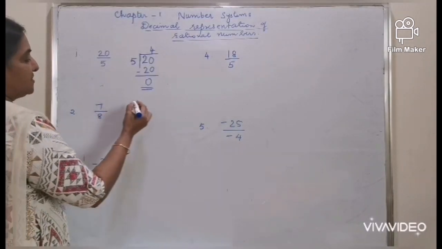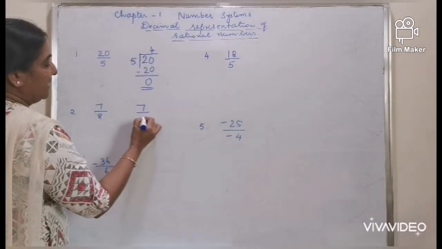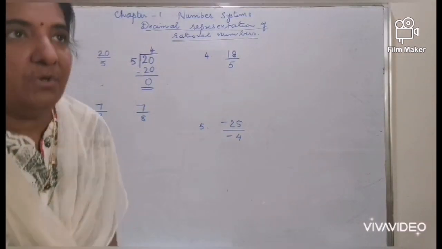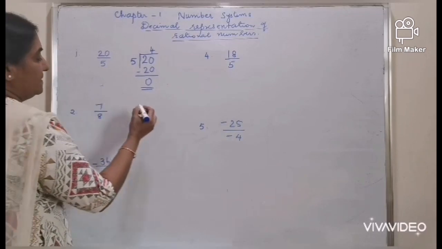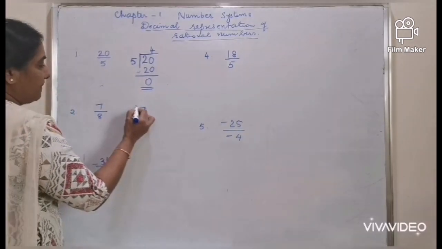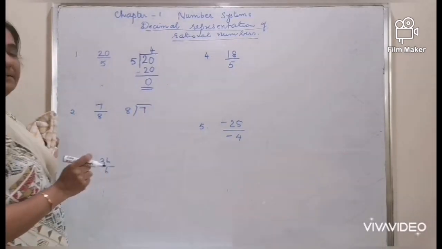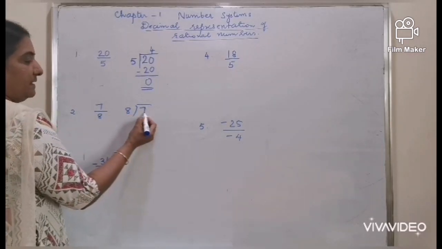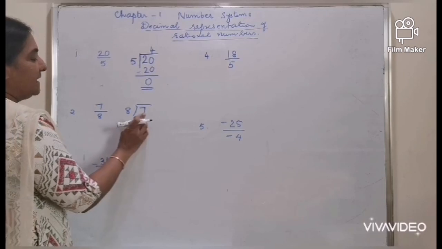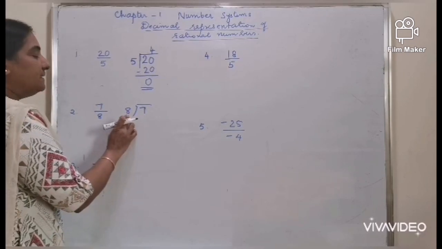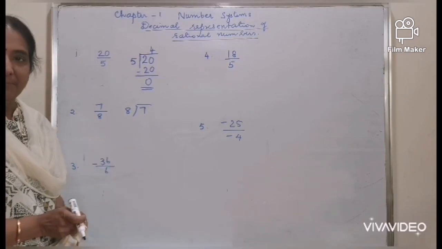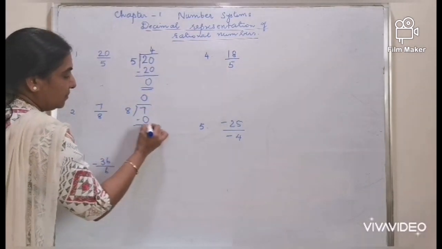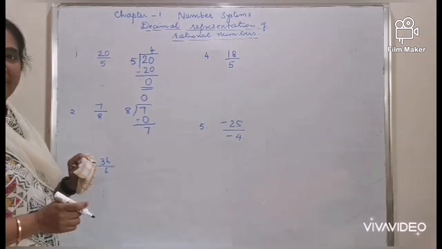The second rational number, 7 divided by 8. By actual division, you are arranging 7 as the dividend, 8 as the divisor. By checking the digit here, you can see that 7 is not divisible by 8, so 8 0s are 0.